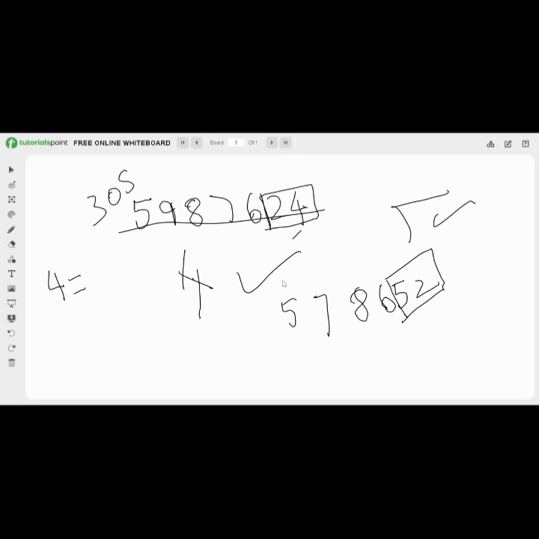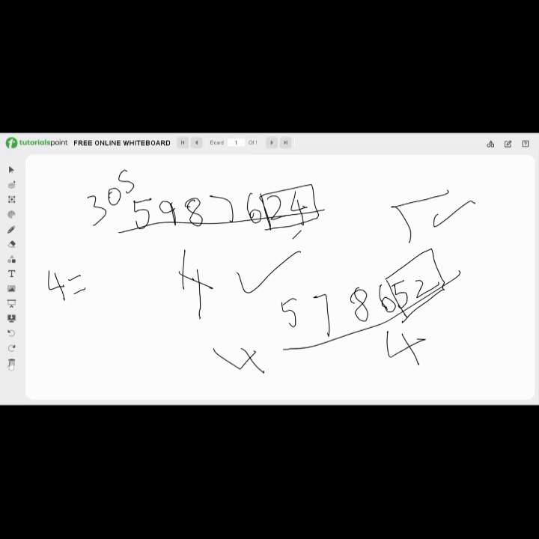And 52 is divisible by 4. So the whole number is divisible by 4. That's a pretty thing, right?